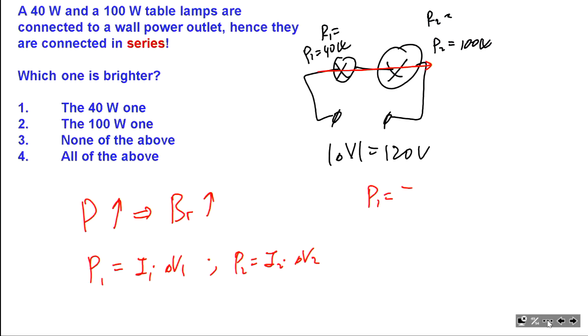P1 equals I1 times 120, and P1 equals 40 watt. So that gives me electric current 40 over 120, 4/12, 1/3 amp.